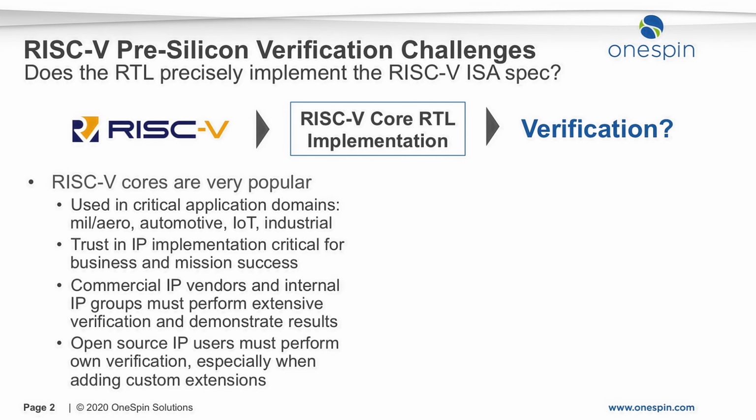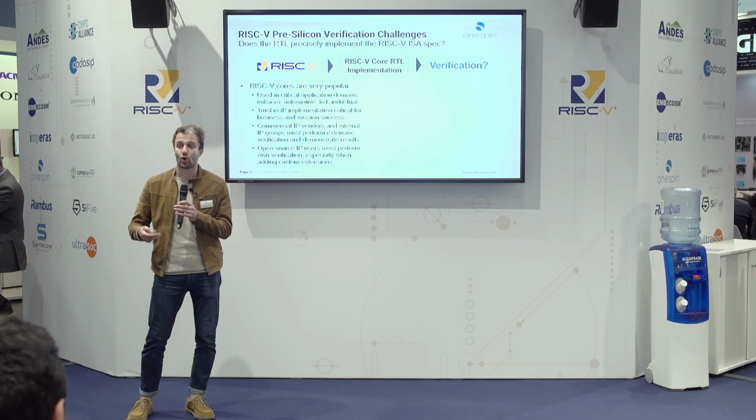So either if you are an IP vendor that is developing your cores based on RISC-V, or you are a company that is building its own RISC-V core from scratch, you need to do verification.